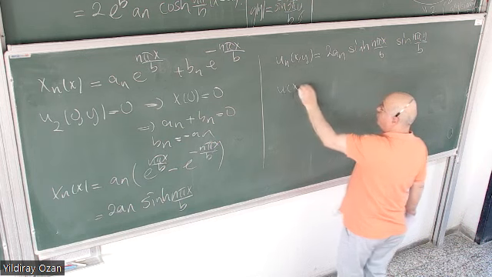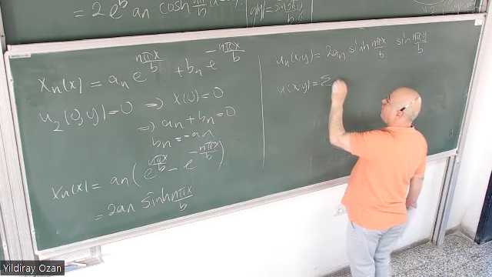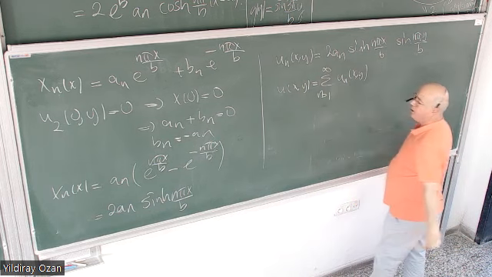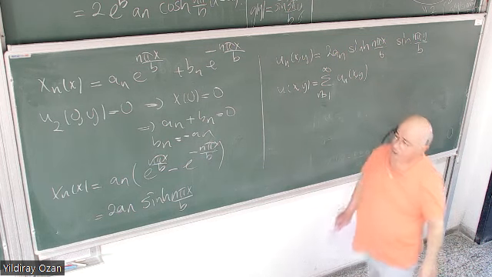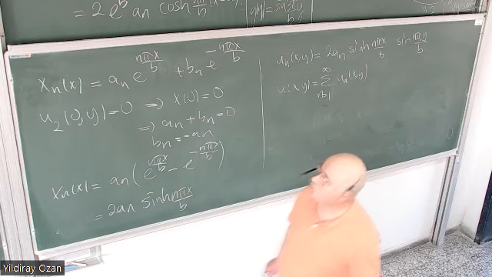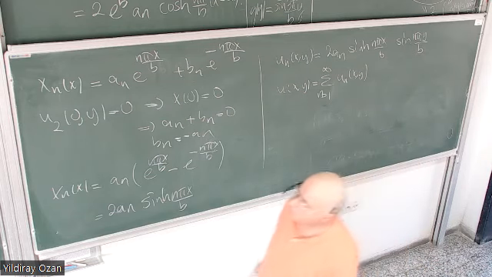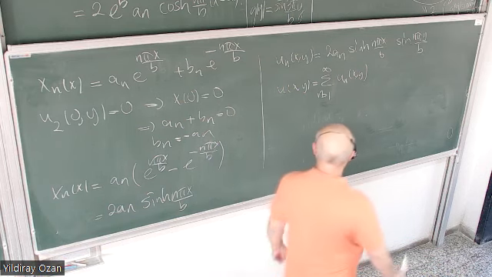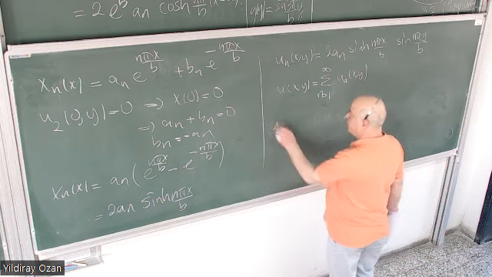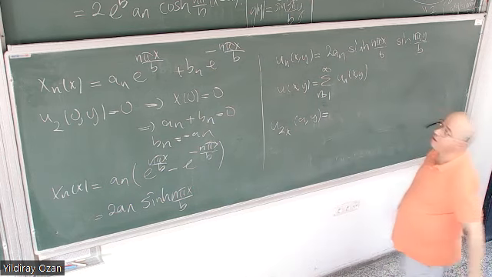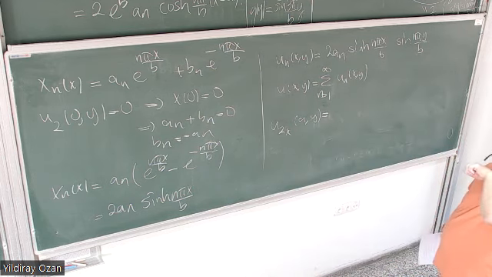So u(x,y) is just the infinite sum of u_n(x,y), n from 1 to infinity. And the boundary condition was what? U2 sub x at (a,y) equals h of y.